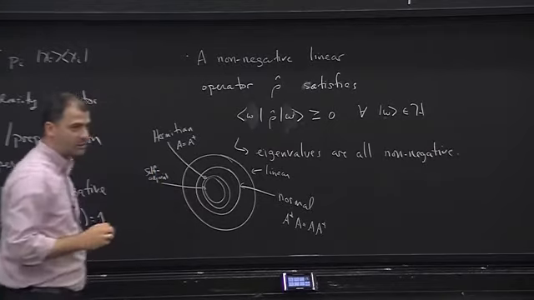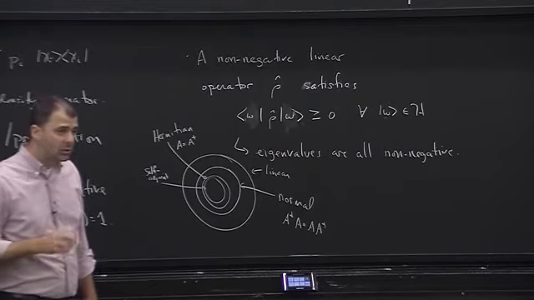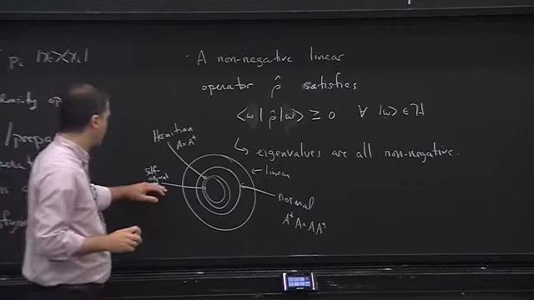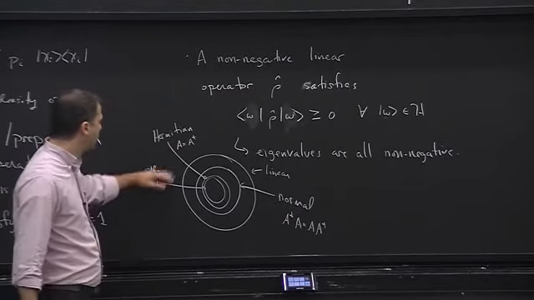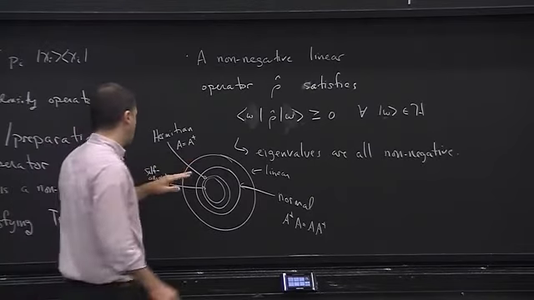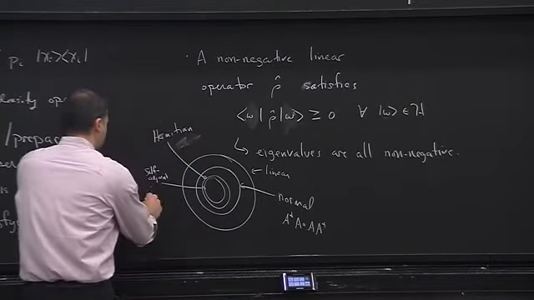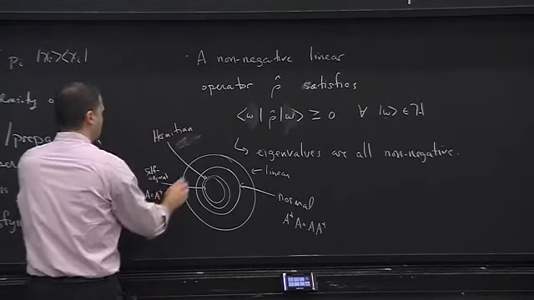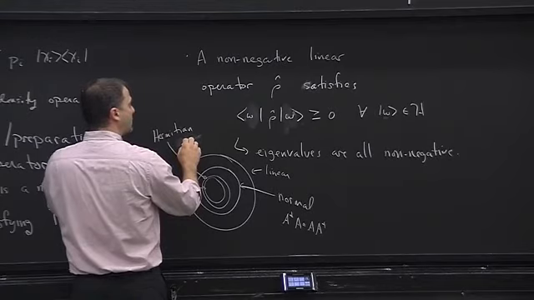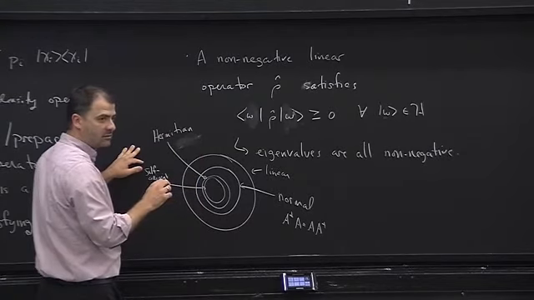There are Hermitian operators that are not self-adjoint, and that only happens in infinite dimensional Hilbert space. Self-adjoint operators have a stronger condition, and Hermitian is the condition that the conjugate transpose equals itself.